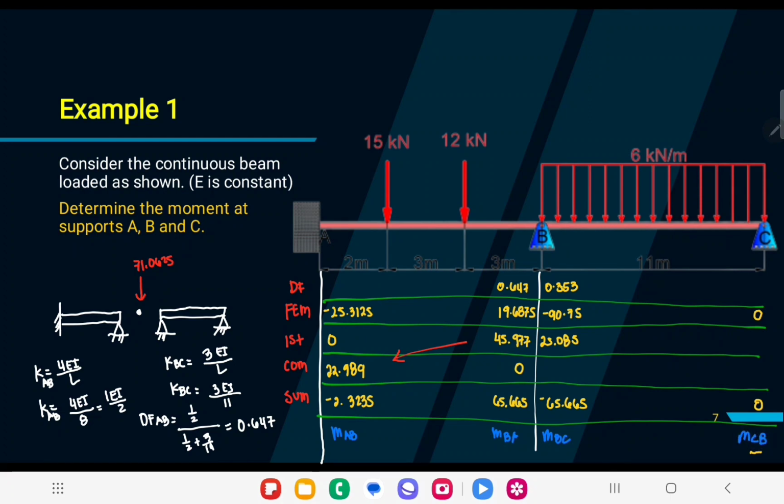Okay? So, yun lang yung solution for this problem. So, napadali siya. Hindi na tayo nagkaroon ng madaming iteration. So, hindi na tayo magla-lock, unlock, and then we have to solve hanggang maging negligible or very small yung ating moment. So, ito na lang yan for our modified moment distribution method. Okay? So, yan yung example number 1.